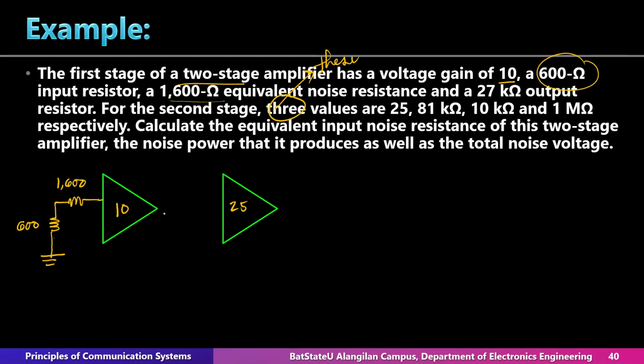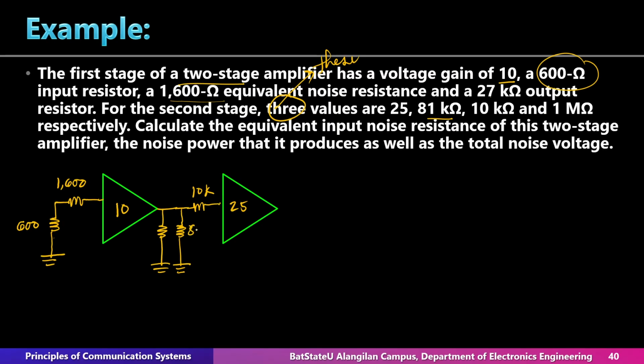Okay? So, sa output, natural malamang may nakaparallel dyan yung ating load. Ito ngayon yung load na 27 kilo ohms. Now, isunod natin yung katumbas ng 600 ohms, yun yung 81 kilo ohms. So, this 81 kilo ohms is the input resistor of the second stage at ito naman yung 10K na equivalent noise resistance ng second stage.